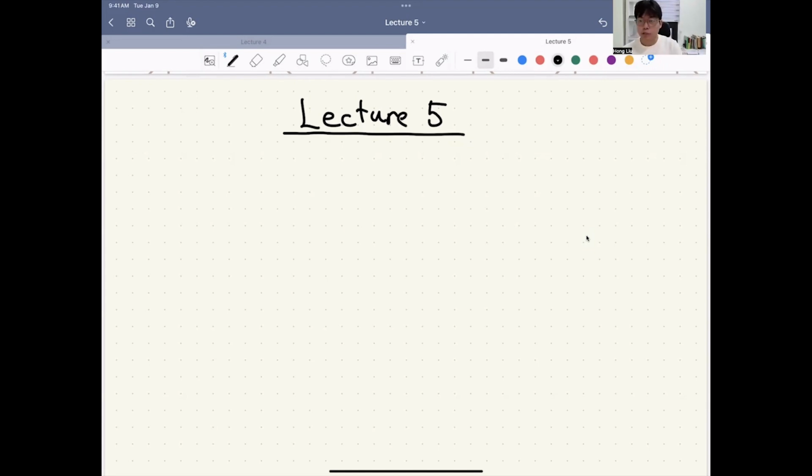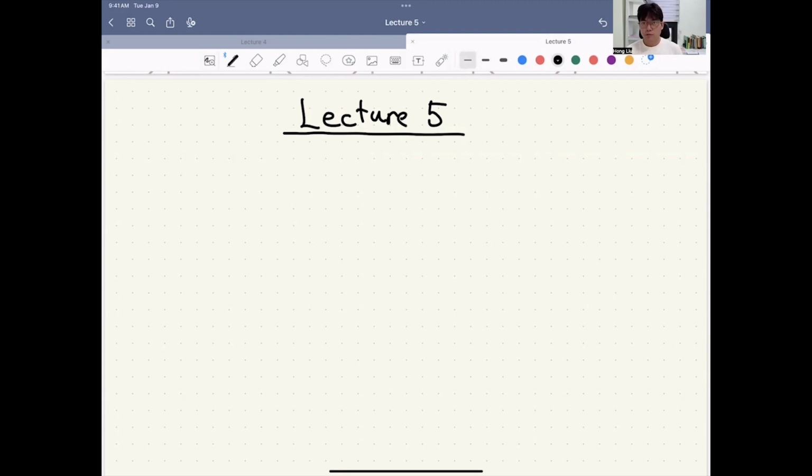So today we will see two more applications of Shearer's lemma. The first one is called H coloring. So let's see what the first one is about. Still about graphs.